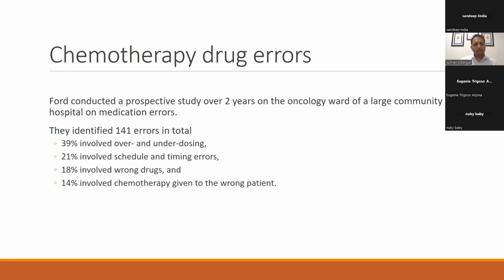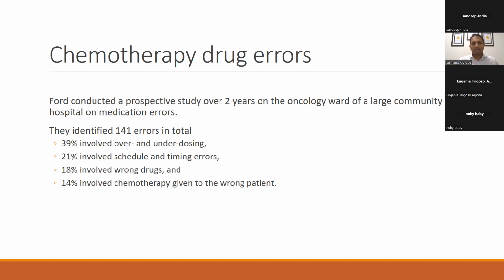21% involved schedule or timing error. So if it was supposed to be given at 9 a.m., it was given at 10 or 12, something like that. 18% of the time it was the wrong drug, and 14% of the time it was given to the wrong patient. So this is really serious.